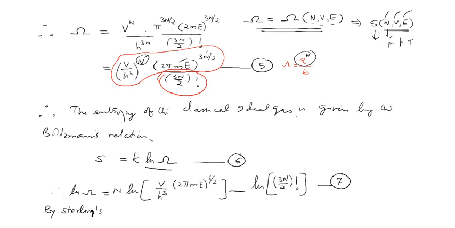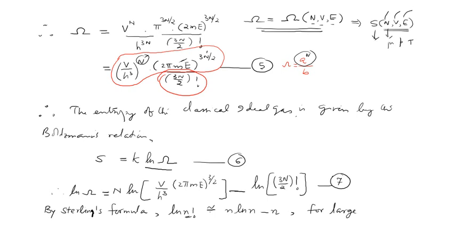Stirling's formula is a formula that is repeatedly used in the principles of statistical mechanics. Log of n factorial can be written approximately as n log n minus n, and this approximation holds good when this n here is very large, for large values of n.